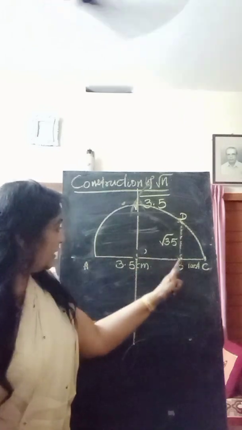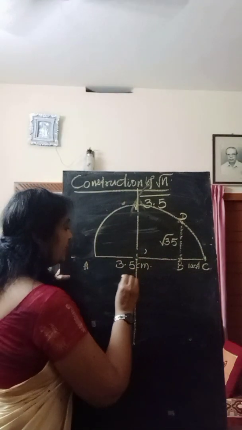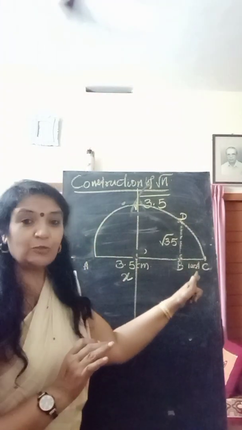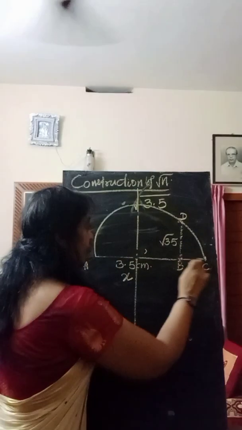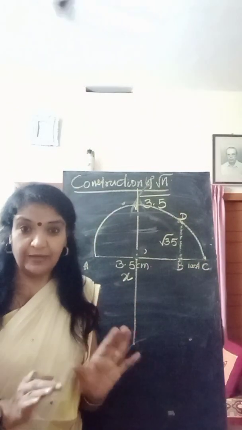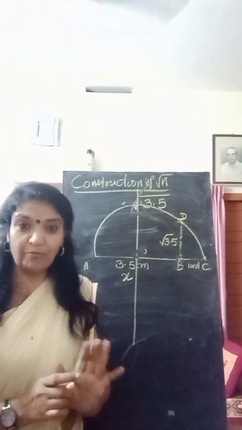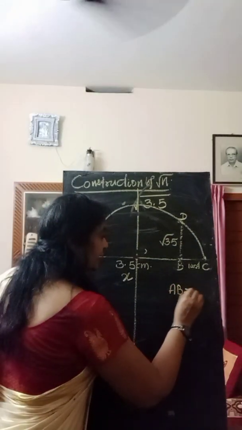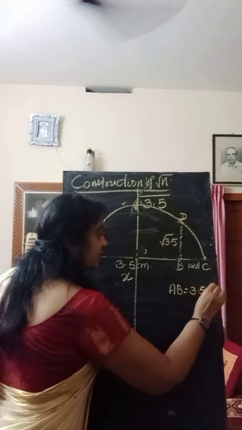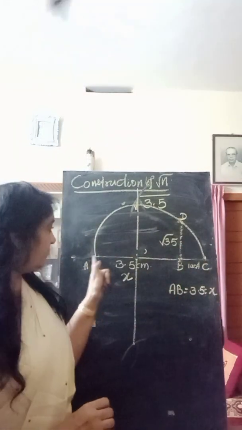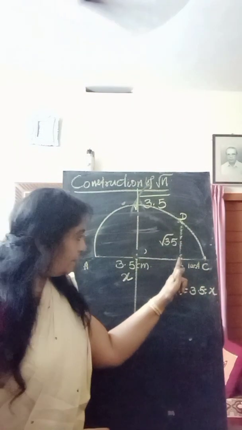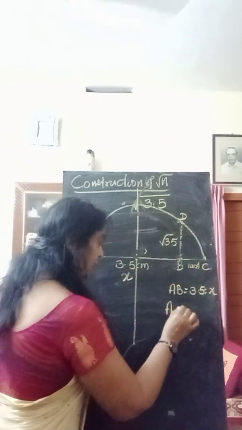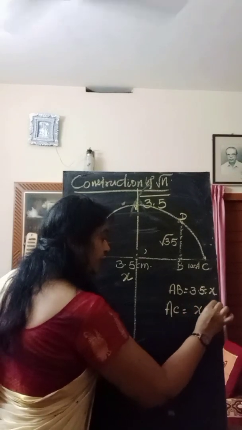And what is the length of OC? Suppose AB is x unit. Then plus 1. So total AC is x plus 1. AB, 3.5, is x, up to this, x plus 1, that is 1 unit. So AC is x plus 1.